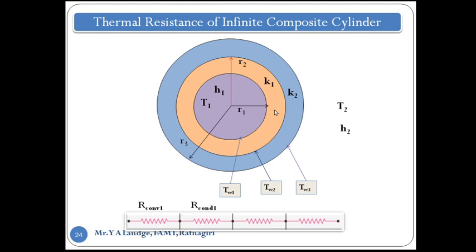So the heat is transferred by conduction. The next material is again a solid, so the mode of heat transfer is again conduction. So here I am writing R conduction, and the 2 represents the second material. And lastly, the resistance between the surface of the material and the fluid is by convection. That is the second resistance by convection.